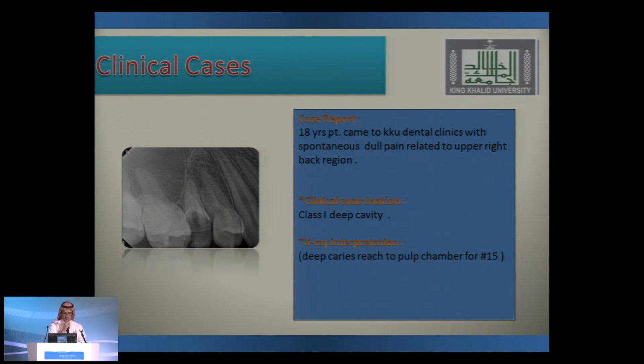When I saw this case in my clinic, it was a young patient. The pulp chamber in a young patient is usually very wide, but in this patient it was not visible. It was not clear to me, so I thought it was just two canals.